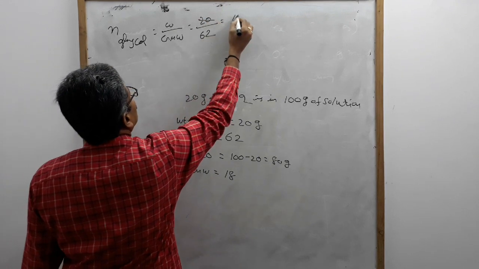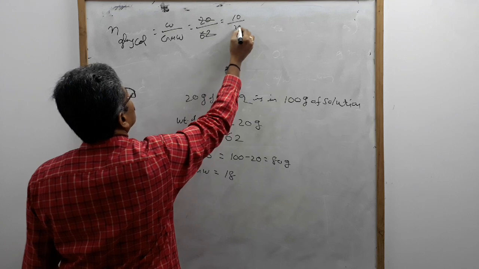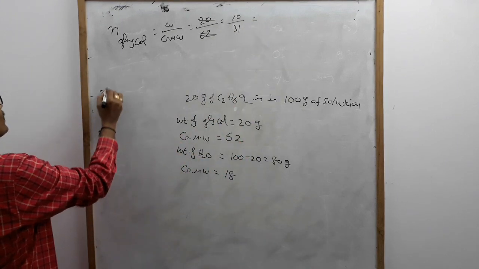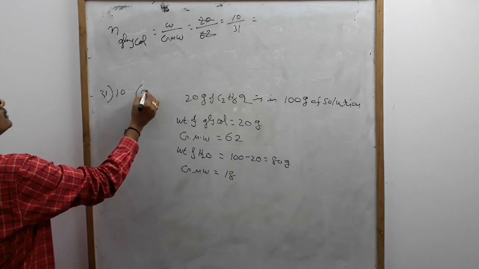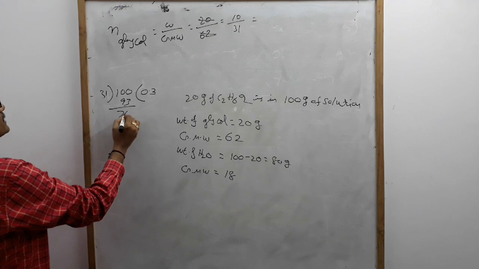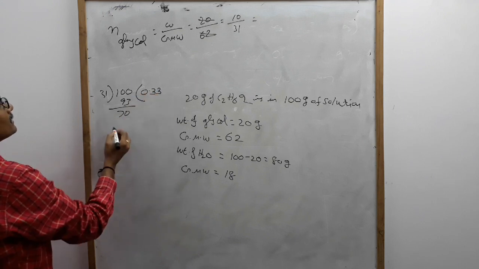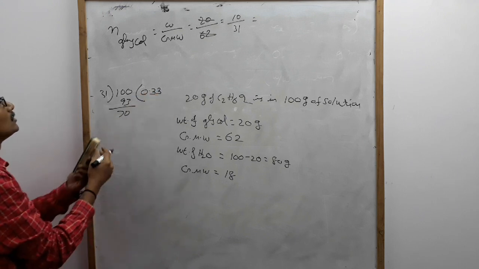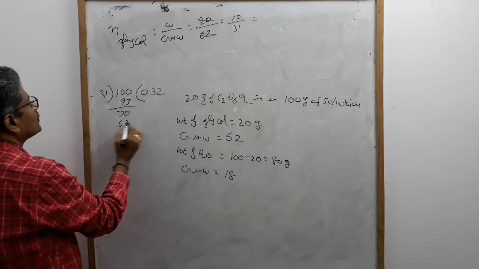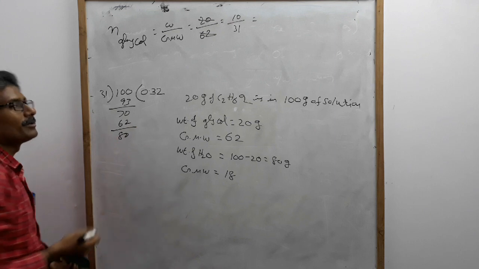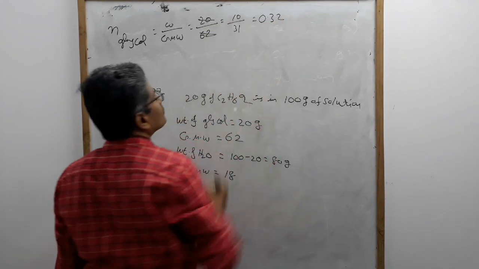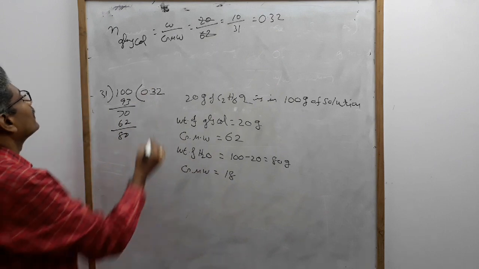That is 10 by 31, which is 0.32. Number of moles of glycol is 0.32.